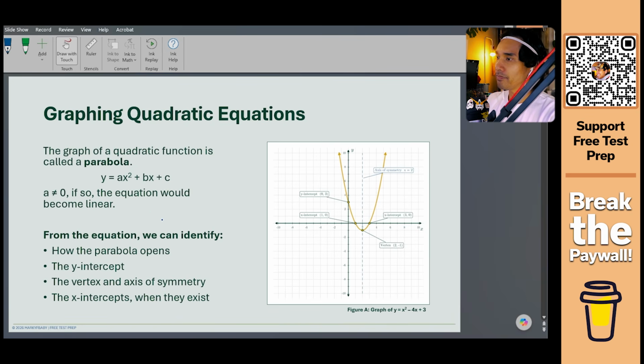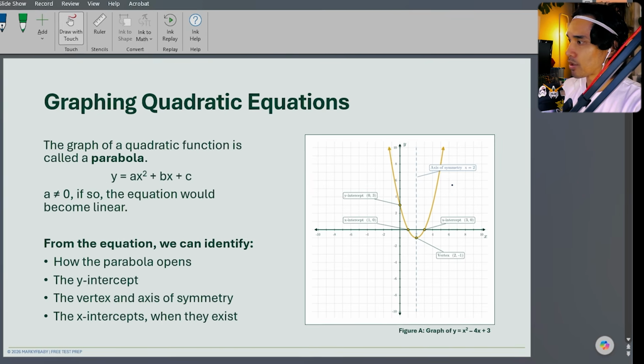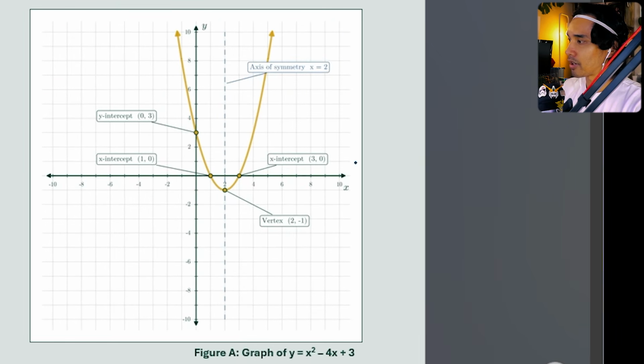That is just a line because we know y is equal to mx plus b. From this equation right here, we can identify how the parabola opens, the y-intercept, the vertex and axis of symmetry, and the x-intercepts when they exist. So over here, I have a graph of y equals x squared minus 4x plus 3. We could see here that the vertex is at (2, -1).